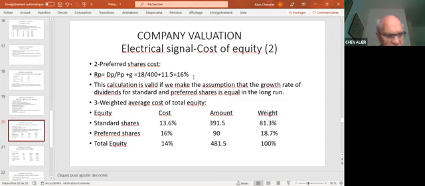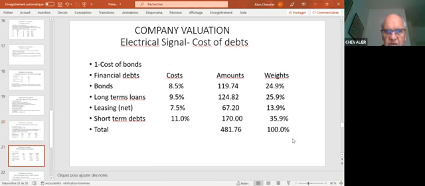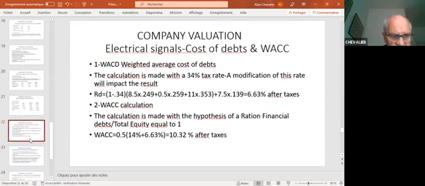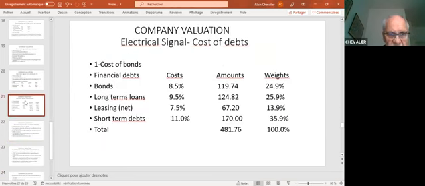So at that stage, we are ready to apply the same approach to the debt side. Okay, we are here now inside slide 21, okay? 22 is here, 21 is here, right?